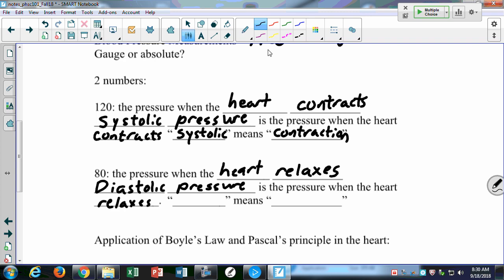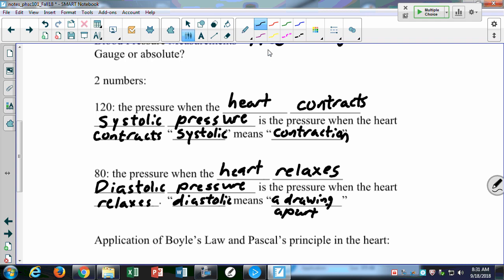Diastolic means a drawing apart. Right, systolic pressure is when your heart's contracting. That's the bigger number on the top, the 120, or whatever it is. And the diastolic pressure is when the heart relaxes, so you get a lower pressure.